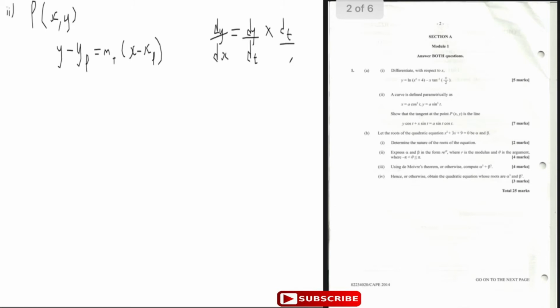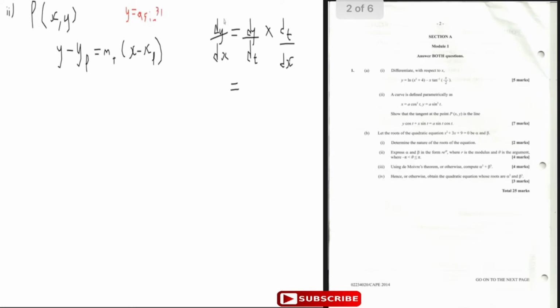So let us continue. dy by dx is going to work out to be dy by dt. And remember up here it said that y is equal to a sine cubed t.